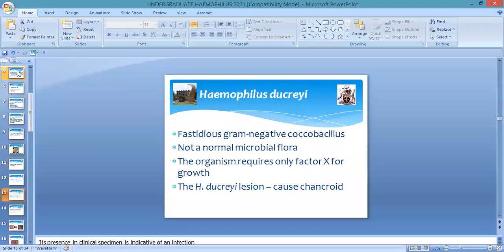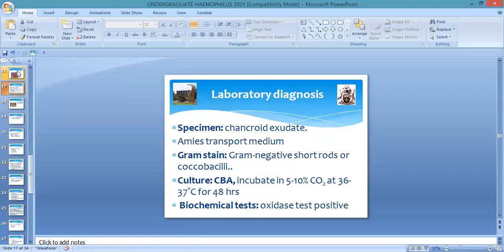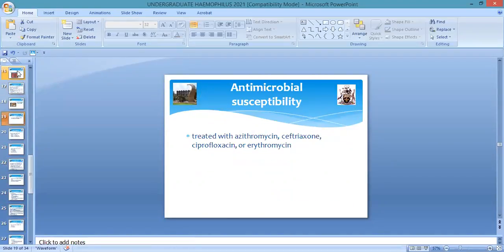And then in terms of Ducreyi, it's the same thing. So you treat with azithromycin, ceftriaxone, cipro, and erythromycin. Someone was asking if Ducreyi also produces beta-lactamase enzyme. Yes, it does.